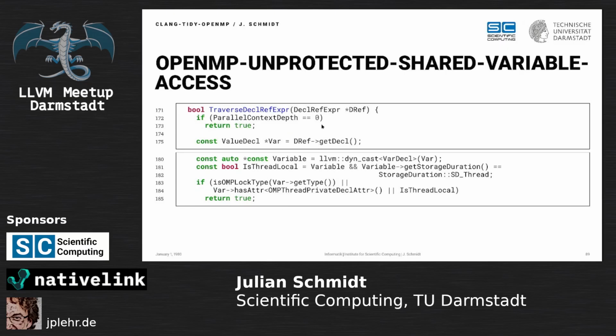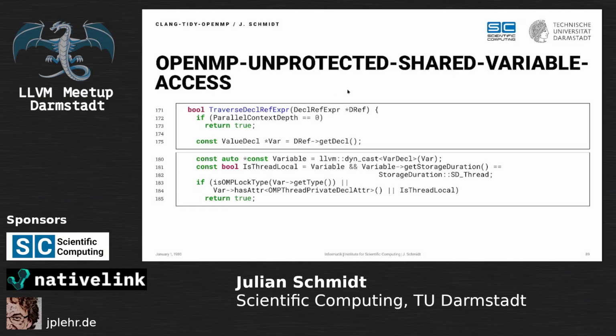For checking if a variable is mutated or not, we take a look at DeclRefExpr, which basically means a reference: if you write something that you've previously declared, then it's a DeclRefExpr. It's a reference to a previously declared declaration, part of an expression.